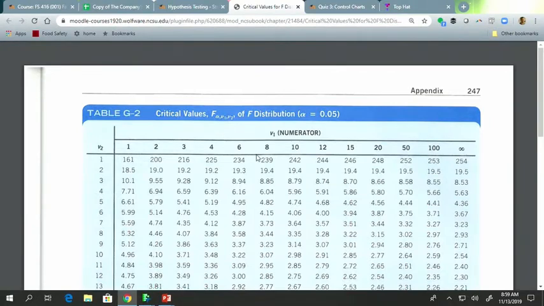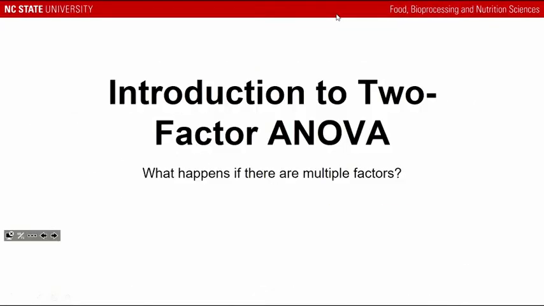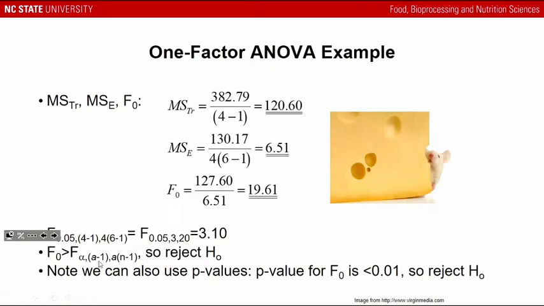and we have to figure out which of these numbers to use here. Okay. I think I had a slide here that explains it. Okay. So this first one, the numerator, is going to be A minus 1. And the denominator is going to be A times, I just did it again. A minus 1 is the first one, and A times n minus 1 is the second one.